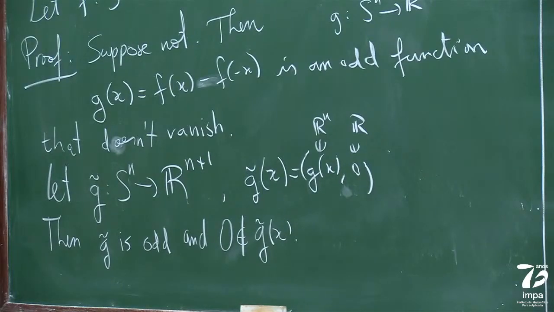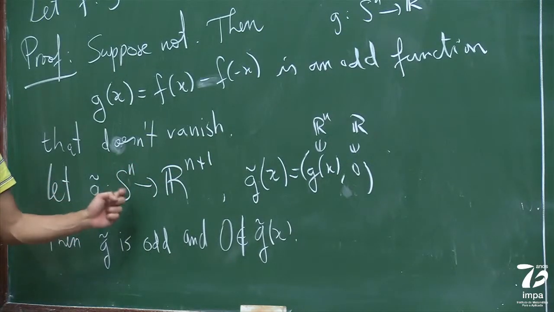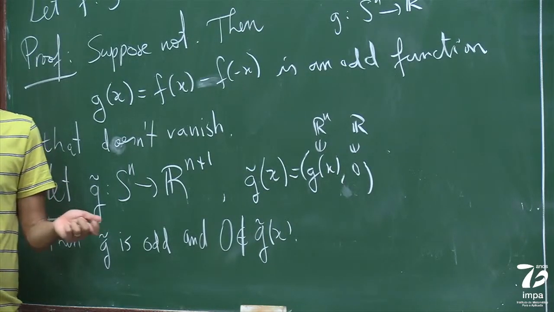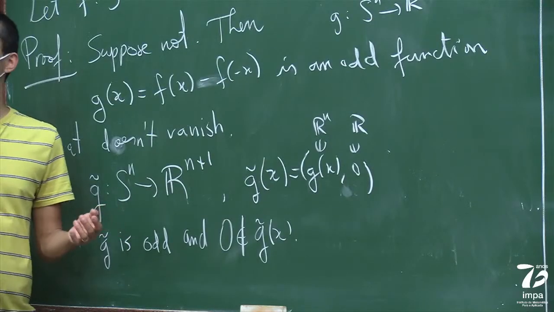So in other words, if the winding number is just the degree of this map when you divide by the norm, you're going to have an odd map from Sn to Sn, and I claim that that odd map has an odd degree. Maybe that's why it's called an odd map.